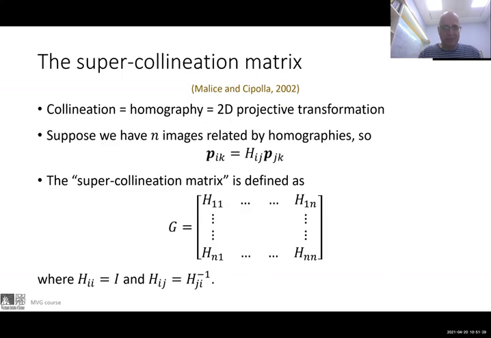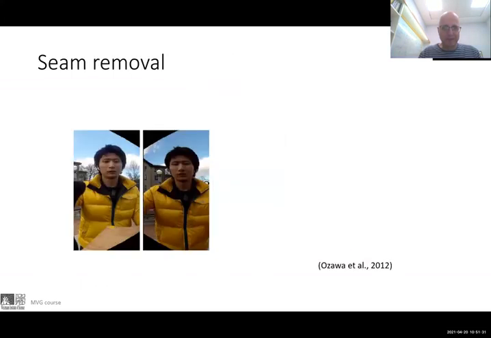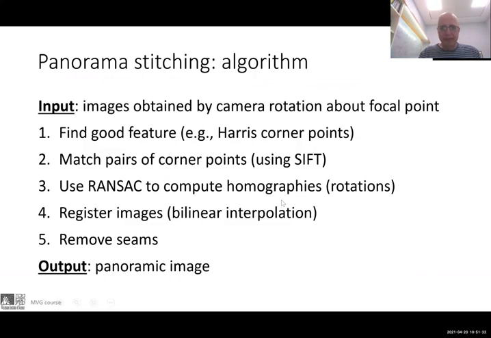So let's remind us where we were. Okay, so we're between step 3 and 4. Now I use the new homographies to register the images with bilinear interpolation and to remove the seams. So the step of supercollineation will enter between step 3 and step 4 and will simply clean the homographies that I use in the next steps.